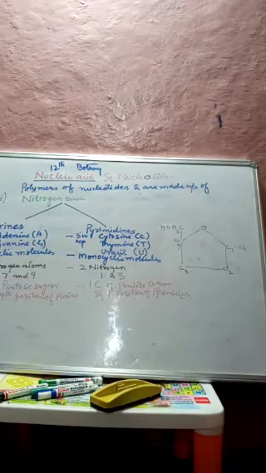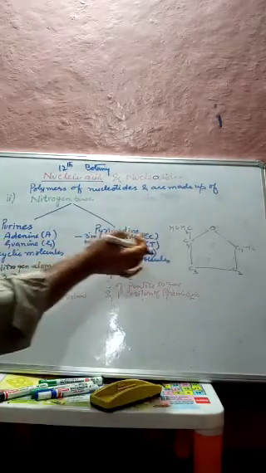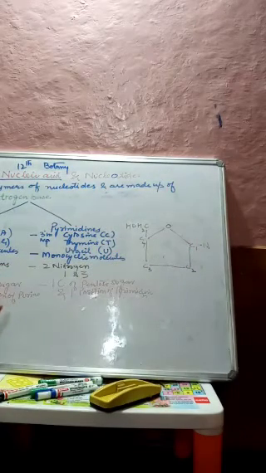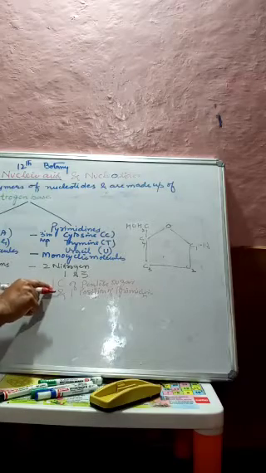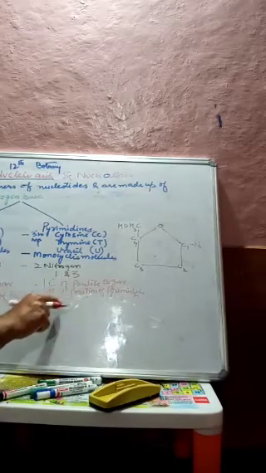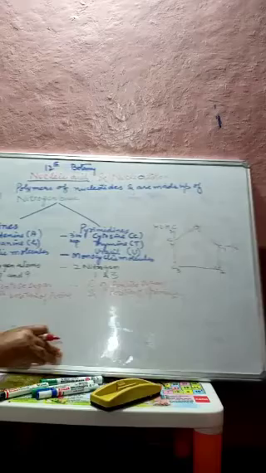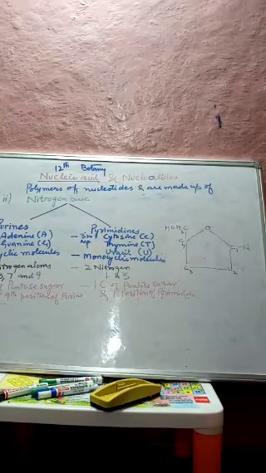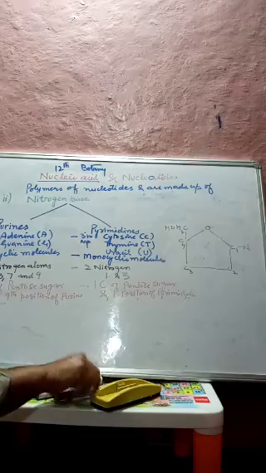And this nitrogen makes the bond with the first carbon of pentose sugar and the ninth position of purine. Here it forms the first carbon of pentose sugar and the first position of the pyrimidine. So this was second, that is the nitrogen base.